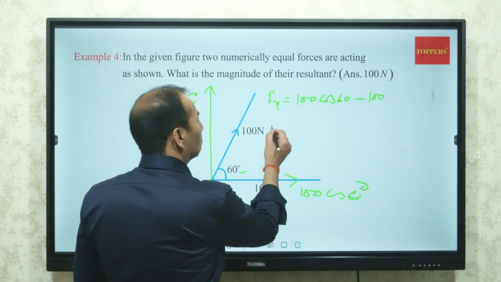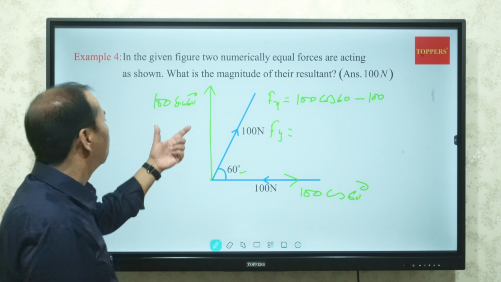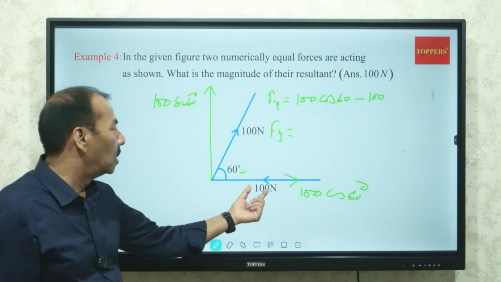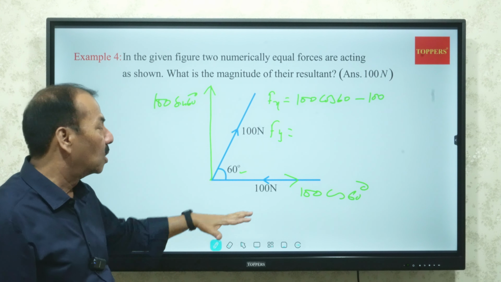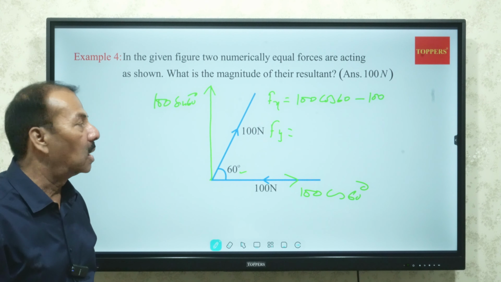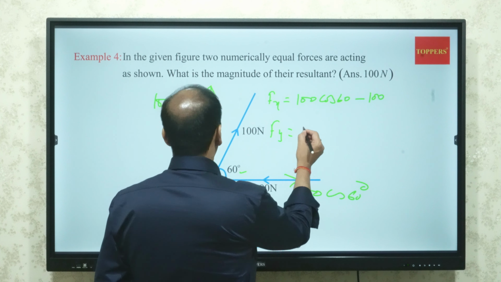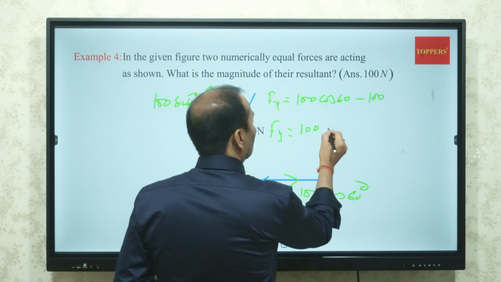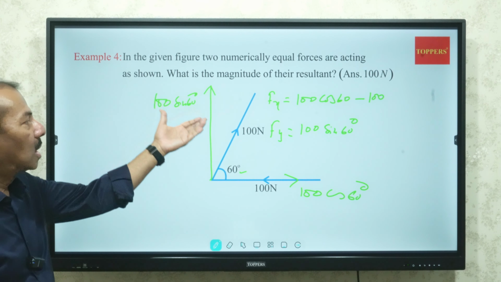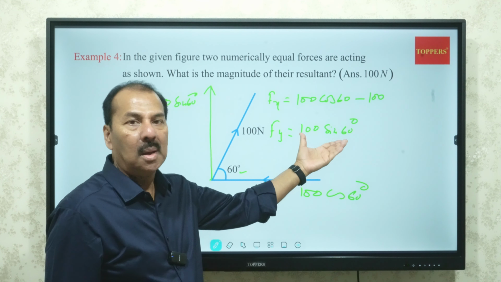Similarly, Fy: we have simply 100 sin 60 degree, because we don't have any other component of this force along the y axis, because this is strictly along the x axis. So we have 0 component along the y axis. We can write this as 100 sin 60 degree, because this is acting in the upward direction, so this force is taken with the positive sign.